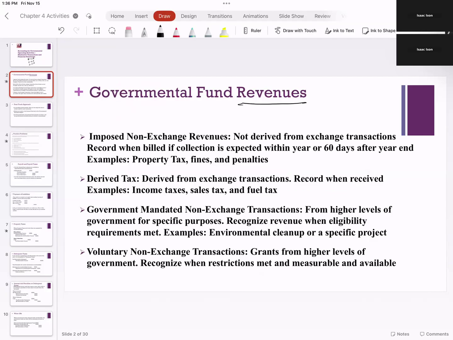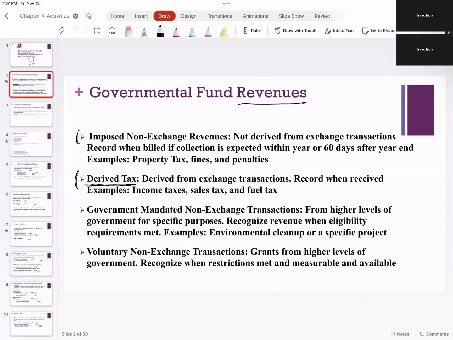Okay. So four broad categories. So imposed non-exchange revenues. Okay. So basically these two here are related to taxes. Okay. This one, derived tax revenue, there has to be some underlying transaction. Okay.